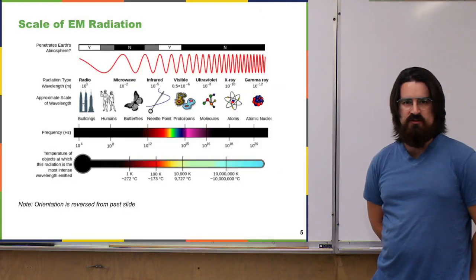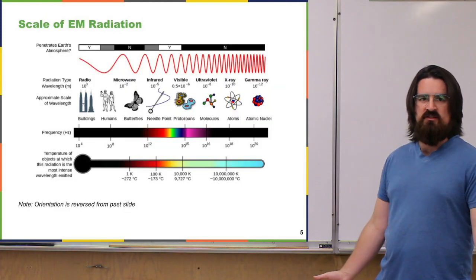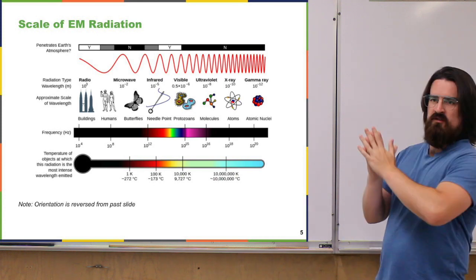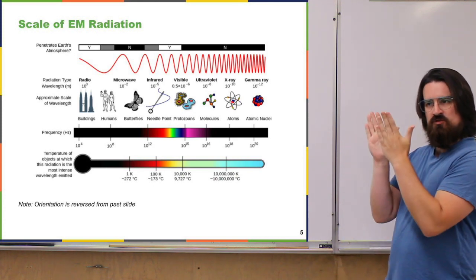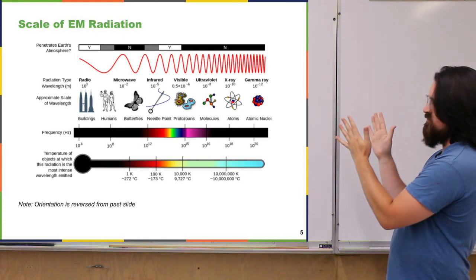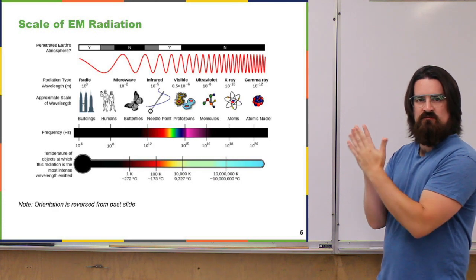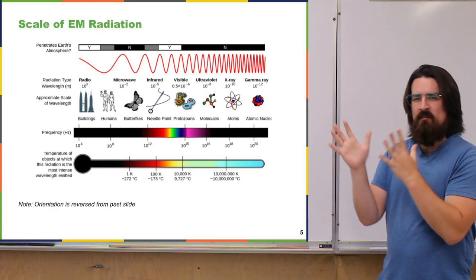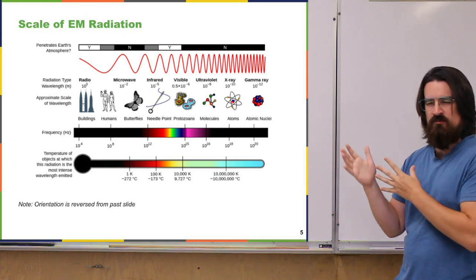Now for a little bit more detail about the electromagnetic spectrum, or the range of electromagnetic radiation that there is. You might know visible light is just one portion of the electromagnetic spectrum. There's a certain range of wavelengths of electromagnetic waves, between about 400 to 700 nanometers.